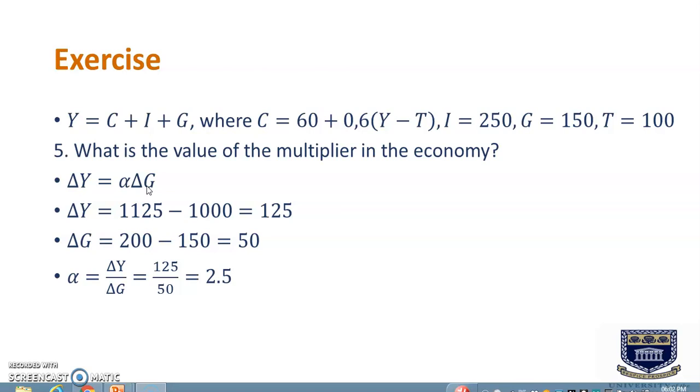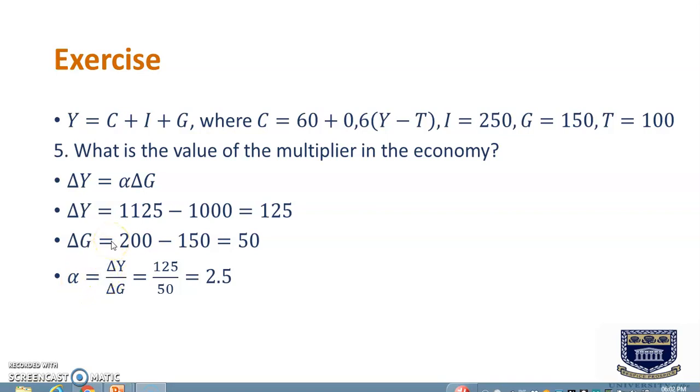From this equation, we can also derive the multiplier as the ratio between the change in income and the change in autonomous spending, more generally, or in this case, the change in government spending.